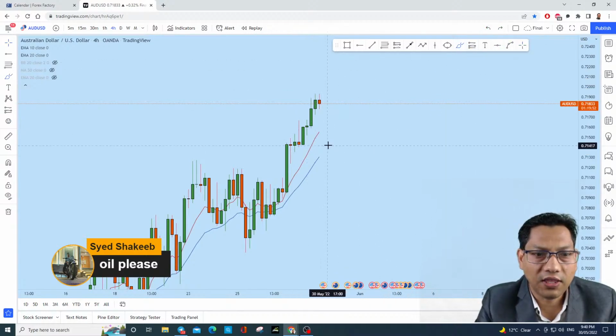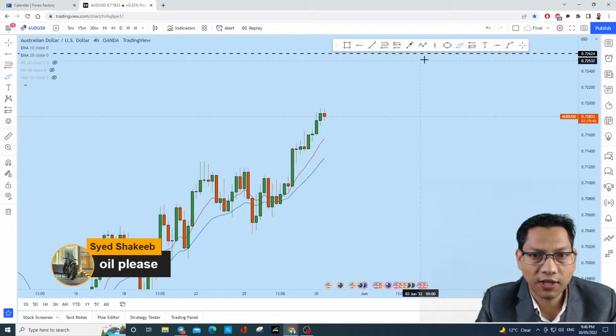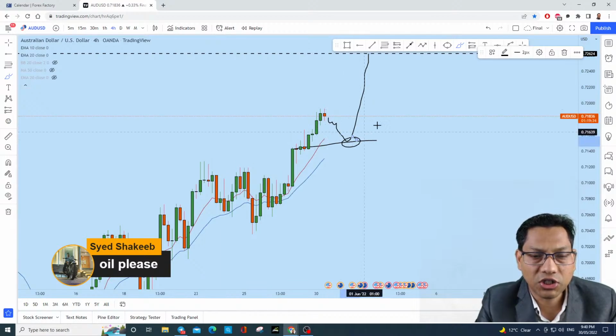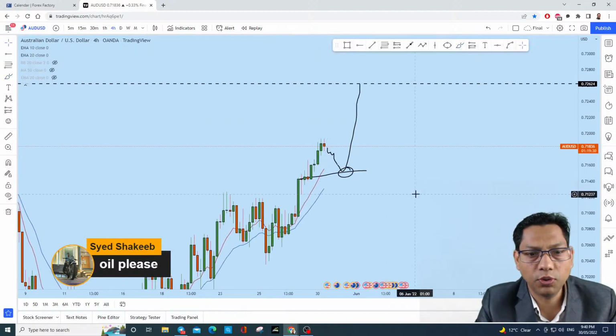But what I think the best place will be is to wait for a significant retracement like this one here. Okay, a couple of dojis, maybe a slow retracement, a couple of dojis even coming back to this level. Then buying with a proper price action confirmation, targeting this level could be a good trading opportunity.